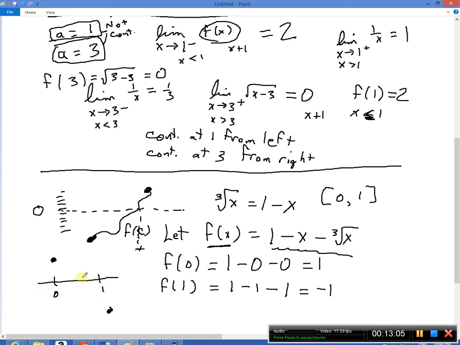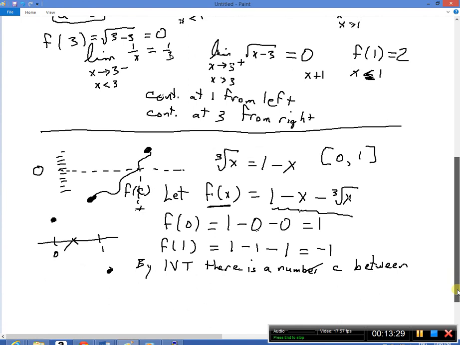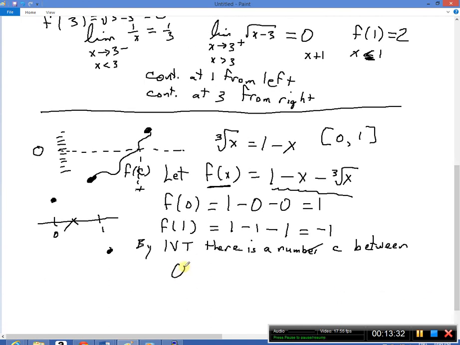Well, it's got to cross 0 somewhere, I don't know where, but wherever it crosses 0, the intermediate value theorem, in fact, guarantees. So by the intermediate value theorem, there is a number c between 0 and 1 such that f(c) equals 0.